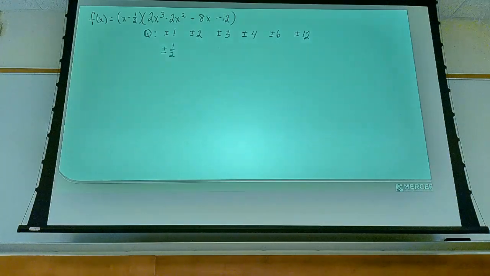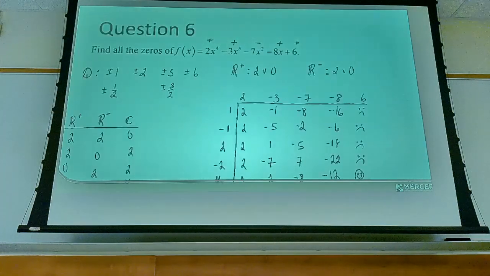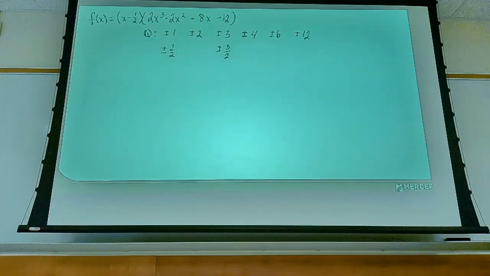So we can cross off 1 and 2. 4 wasn't there before, right? 12 wasn't there before, so they're not going to be there. Plus 1, plus 2 didn't work, so I'm not going to try those again.